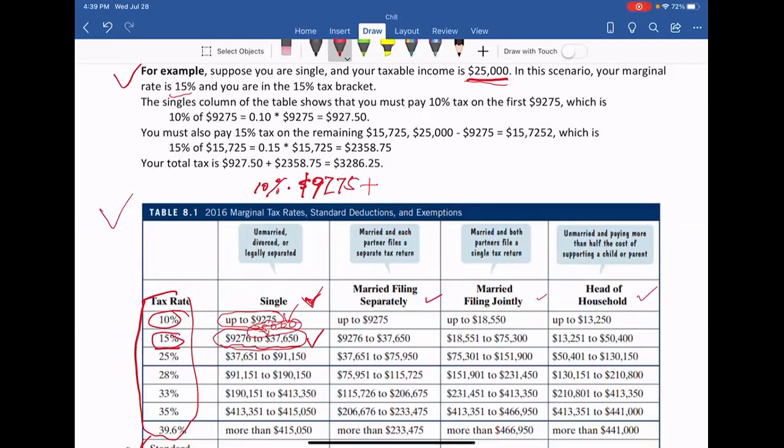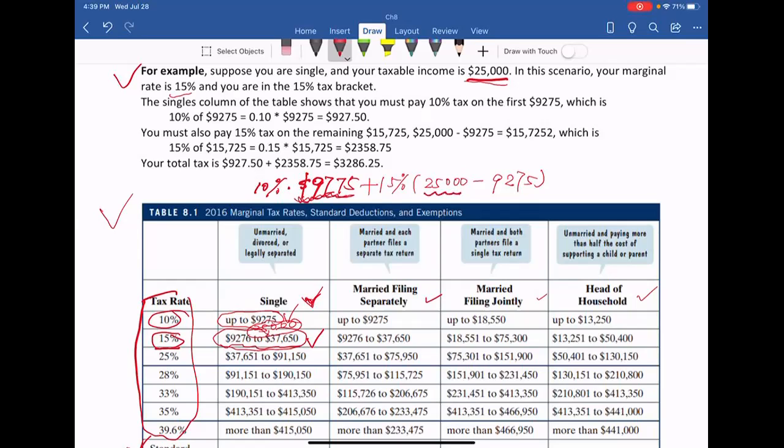Let me write it down first. 15% times your money, 25,000, subtract 9275, because the money above this amount is the remaining money.